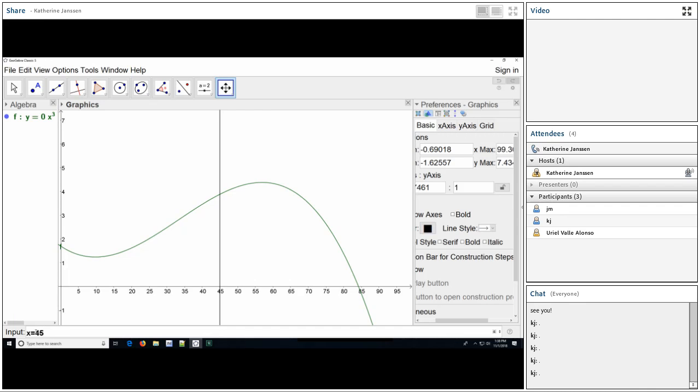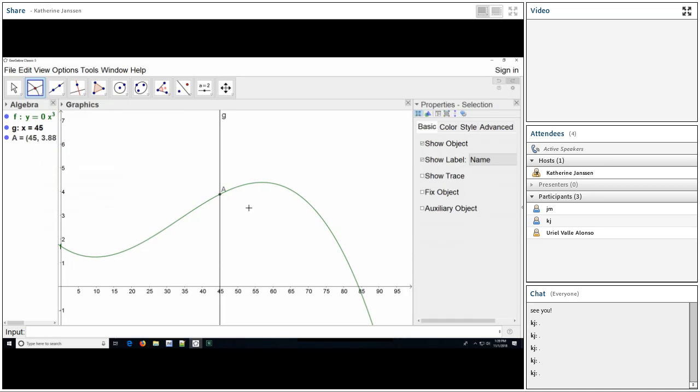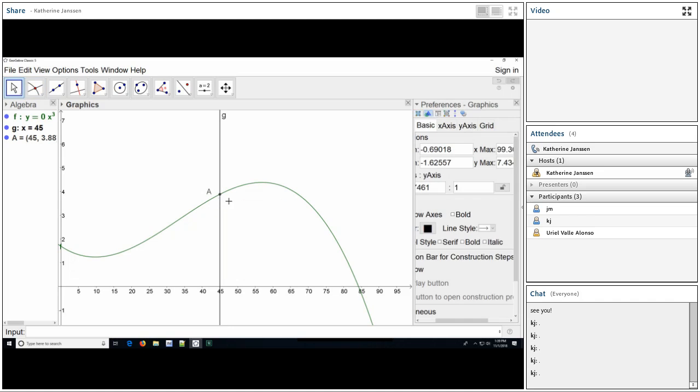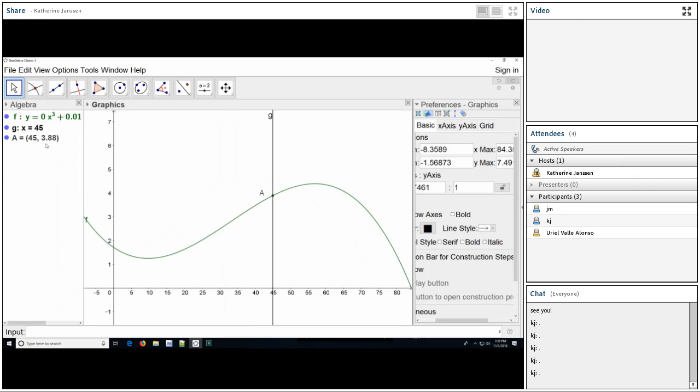For hearing impaired individuals age 45, it intersects with our parabola, or with our polynomial. Let's find out where it intersects. And the point is labeled for us. The point of intersection is, looking in our algebra window, the point 45 for x, y is 3.88. So not quite 4. That's kind of what we were guessing from the graph.